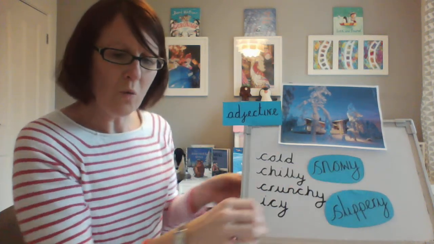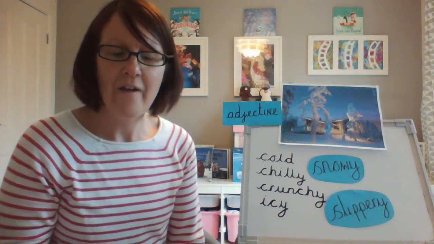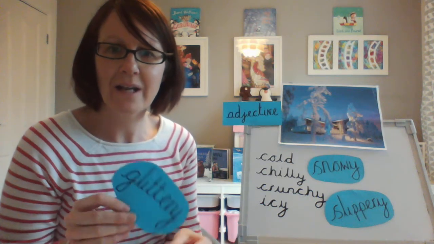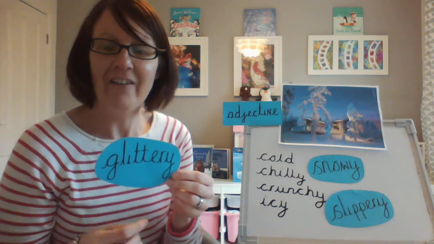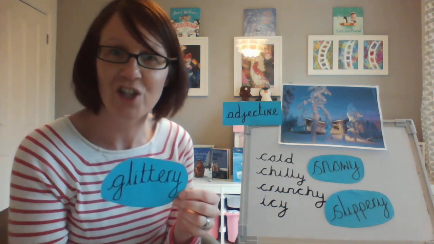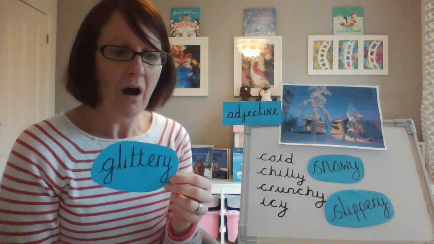Slippery. Ooh, now, when we looked out the window the other day at the snow, the sun was shining on it, and we thought, it looks a little bit glittery. Have you seen the snow when the sun is shining on it? And it does. It sparkles, and it's a little bit glittery.